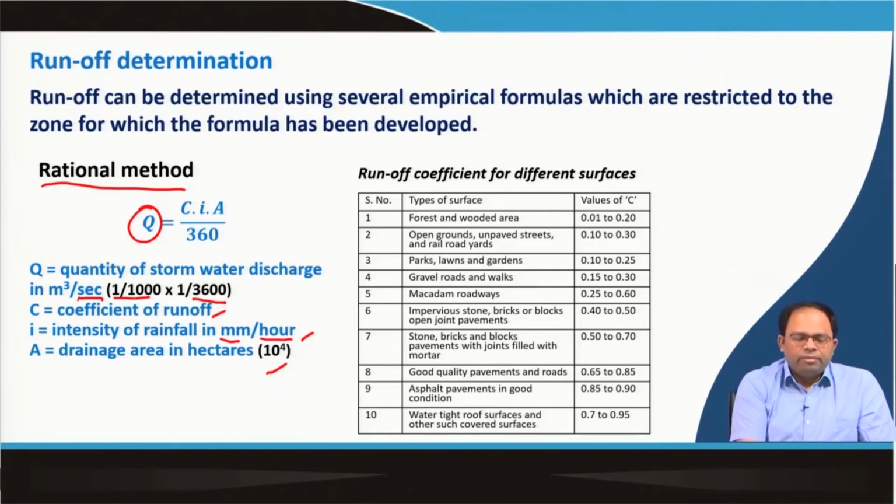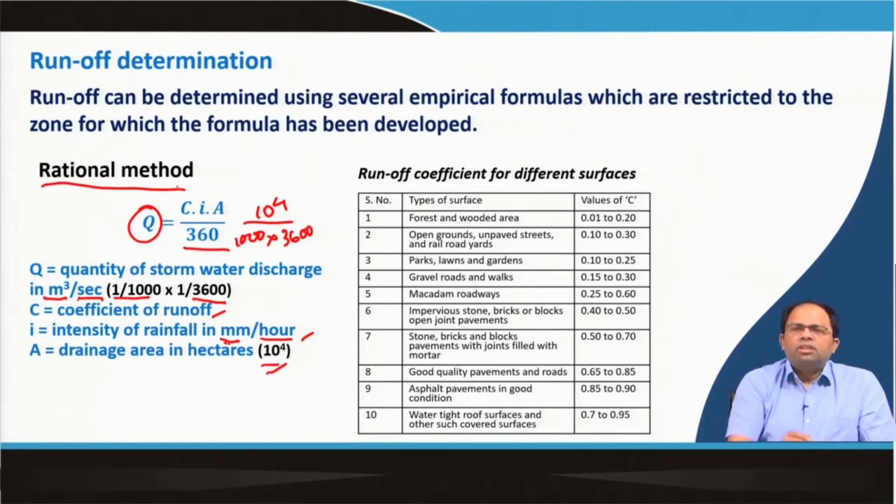And then the drainage area is in hectares, which is 10 to the power 4 meter square. In that way we end up with meter cube, and these are the factors which go into this particular equation. 10 to the power 4 goes to the top, divided by 1000, divided by 3600. In this way we end up with CIA divided by 360.